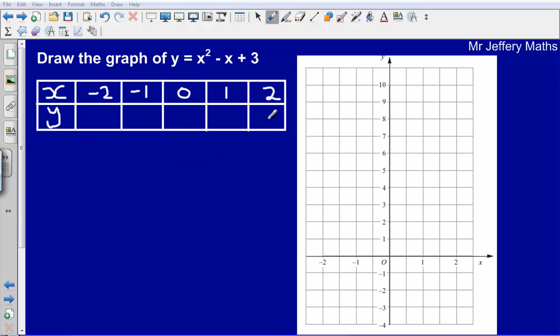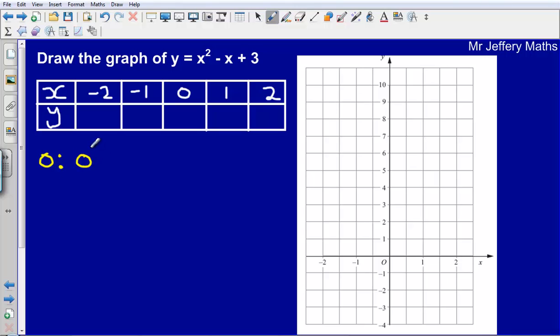Now I've been given a table here. All I need to do is fill in this table, substituting the values of x into this formula here. This means that we're going to take our value, square it, then minus the value, then add on 3. So let's start with 0.